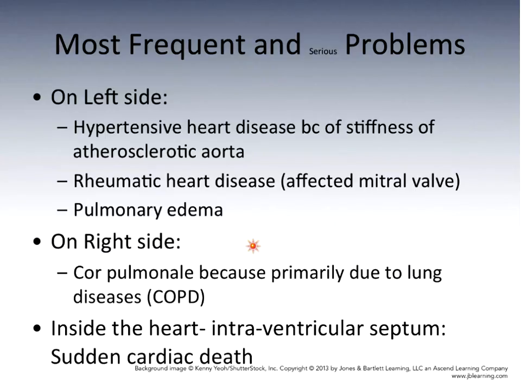So on the left side, and we are talking about the heart here, if we have atherosclerosis that we talked about previously, that affects vessels, and particularly those big vessels like the aorta. So imagine that the aorta has a lot of stiffness because it becomes calcified, and the lumen is narrowed. The heart has to work harder, pushing against a very stiff aorta.